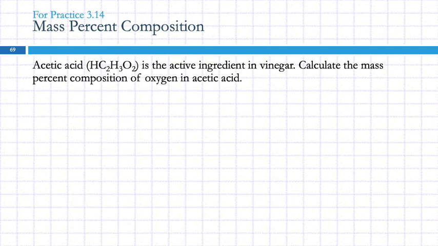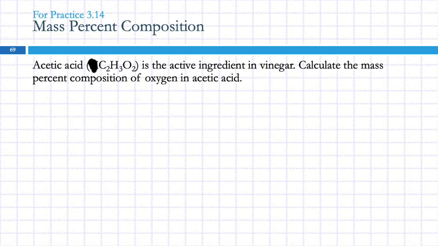Acetic acid is the active ingredient in vinegar. Calculate the mass percent composition of oxygen in acetic acid. We should be able to name this. Whoa, that has a lot of elements in it. Well, cover up the hydrogen. Is there oxygen in there?